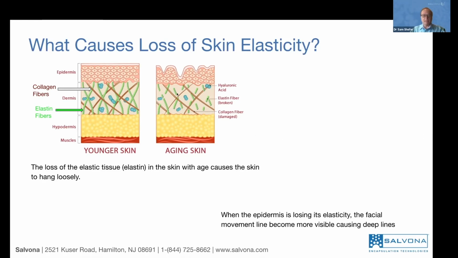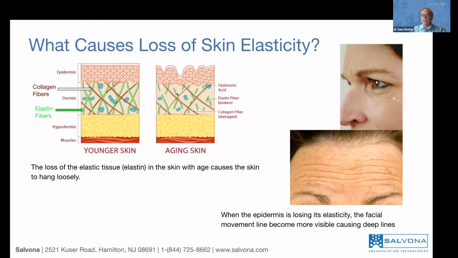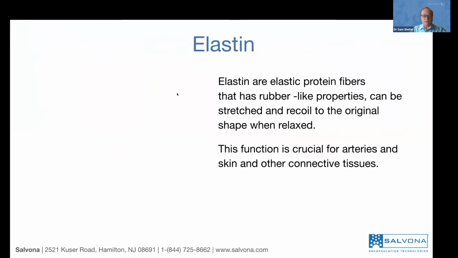This is the physiology, the biochemistry, very briefly, behind the formation of wrinkles. When the epidermis becomes so thin and there is no support system, even facial movement lines become visible, causing deep lines, deep wrinkles, as you see in the picture. So this is the inside and outside.